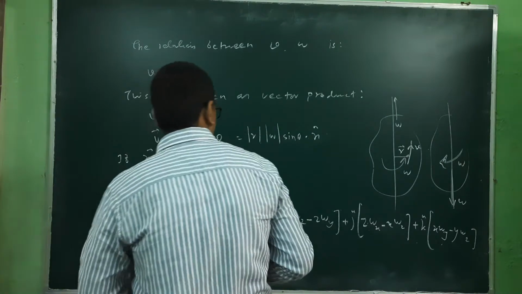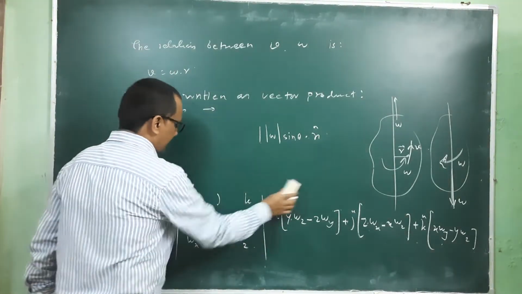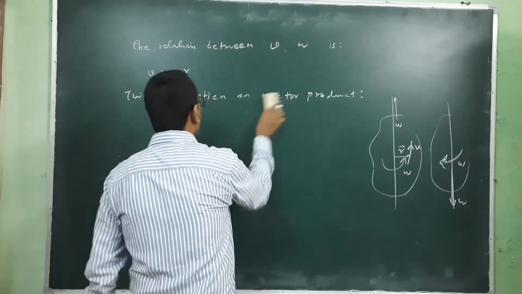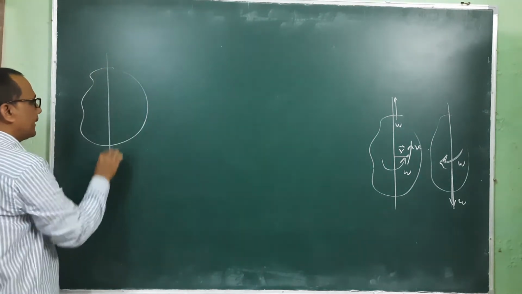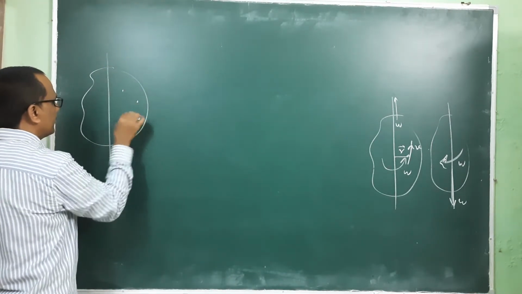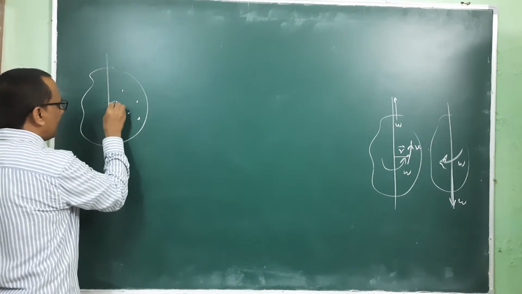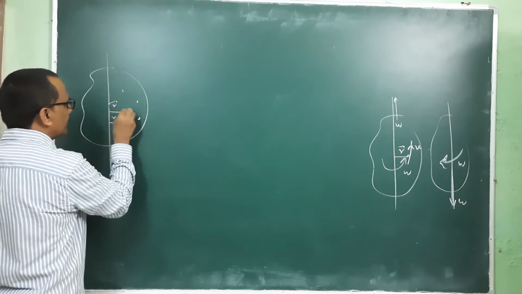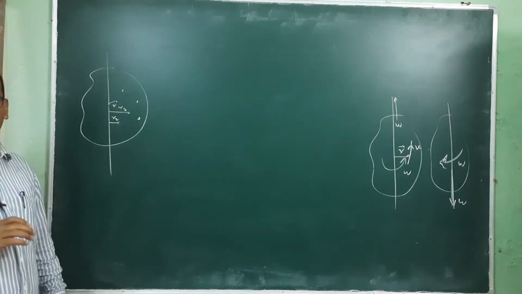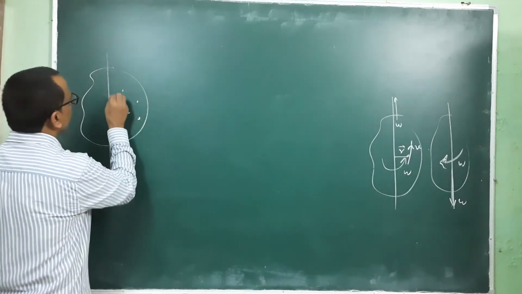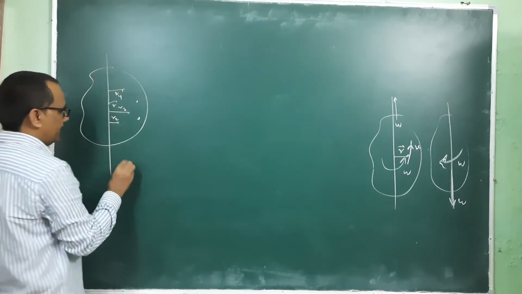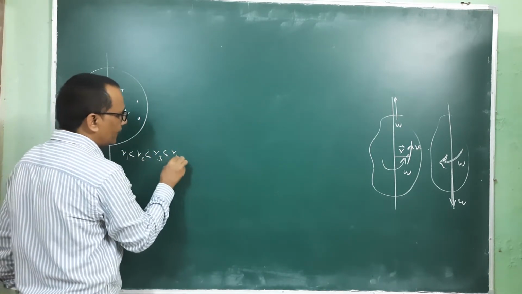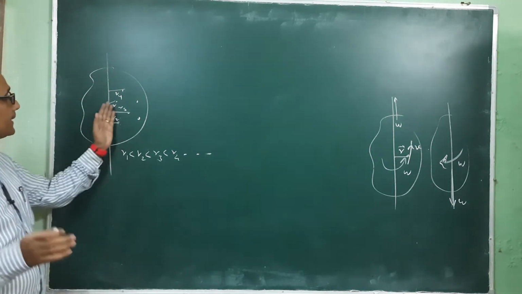And also in a rotational motion, this omega is fixed, but this v varies with distance. If this is the body and we have a number of different particles at different distances, r1, r2, r3, r4, and r1 is less than r2, less than r3, less than r4, and the distance keeps increasing.